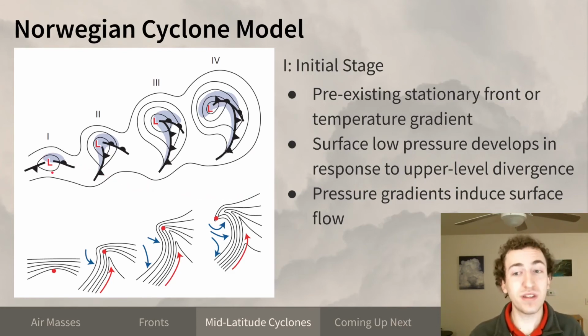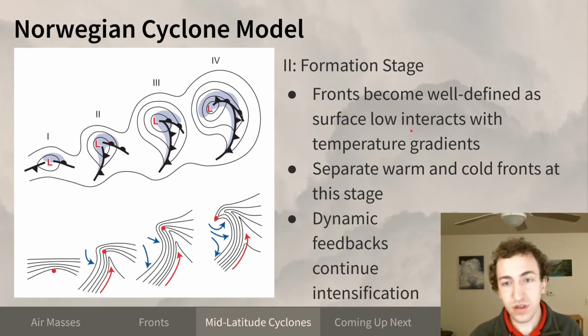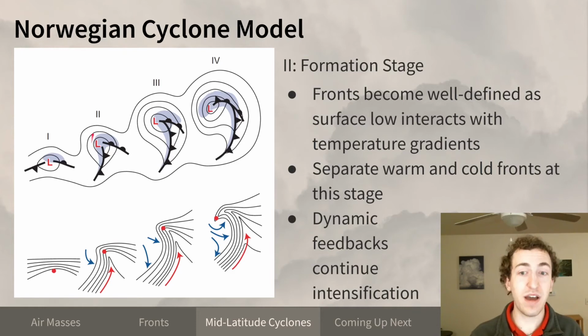And that's what gets this process started, bringing us into the formation stage, or stage 2, where the surface low interacts with the temperature gradients near the surface, and we get well-defined fronts. Low pressure causes air movement, and that air movement along with the temperature gradients means that you have moving air masses, which are fronts.